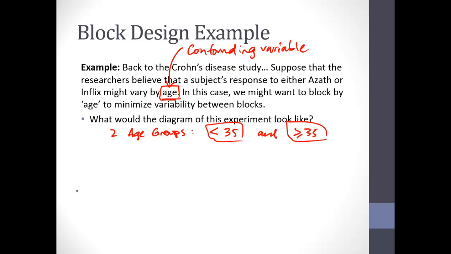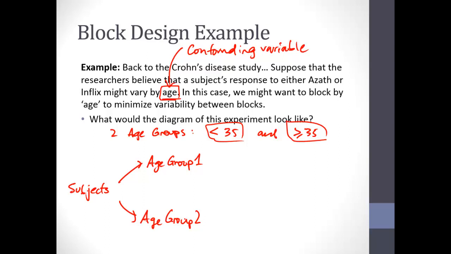So then I can take all my subjects and split them into my two age groups, age group 1, age group 2. And I think if you go back to your notes, we had 3 treatment groups, or was it 4 maybe?